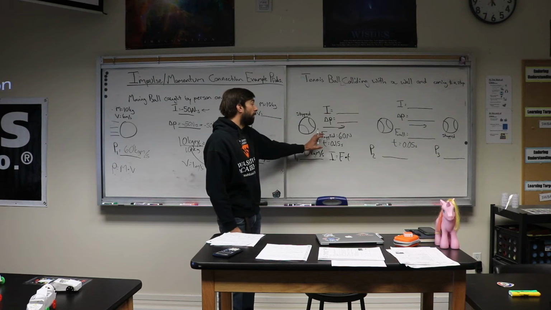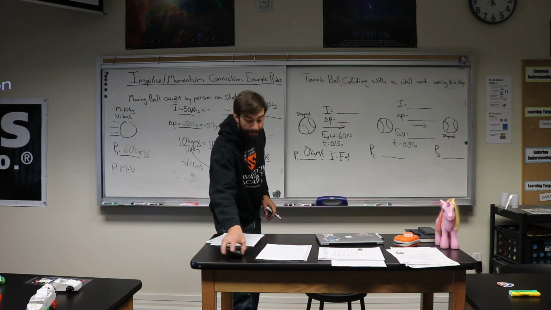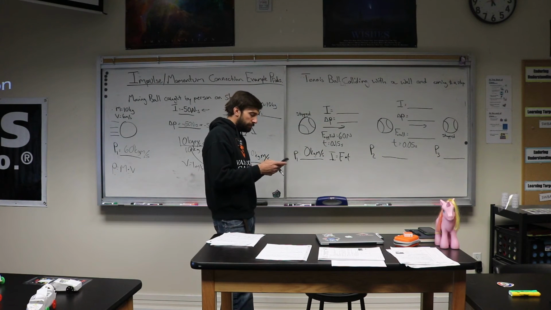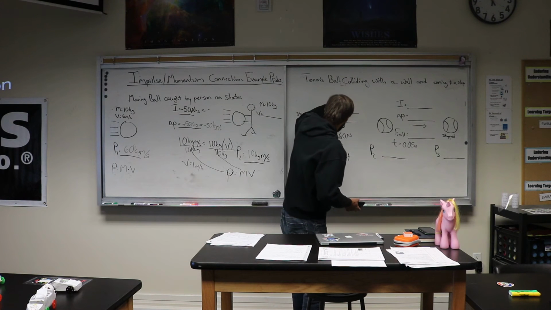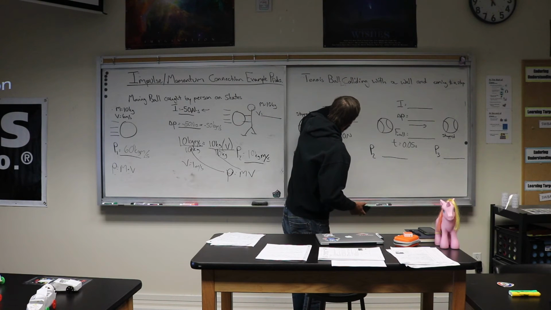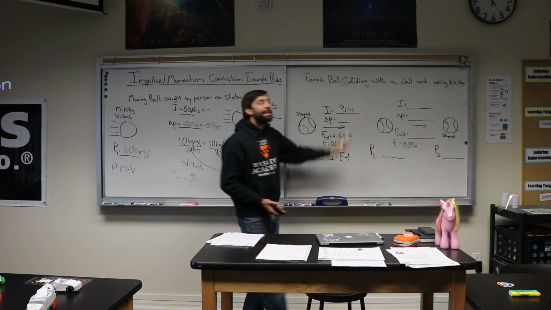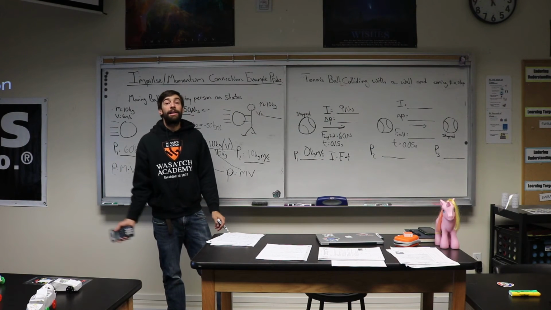So we just take our force, we multiply it by our time. 60 times 0.15, we have 9. So our impulse is 9 Newton seconds. Remember, that's the same thing as kilogram meters per second.